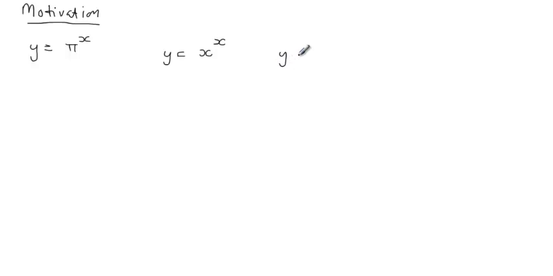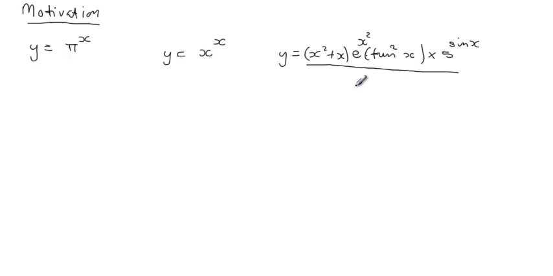Then I give you y equals x squared plus x, multiplied by e to the power x squared, multiplied by tan squared x, multiplied by 5 to the power sine of x, divided by 16 to the power x squared plus 2x.